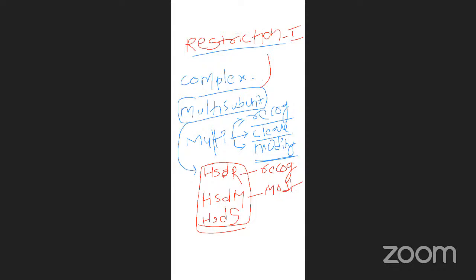HSDS is important for cutting the site. So these are the multiple functions of the restriction endonuclease, right?